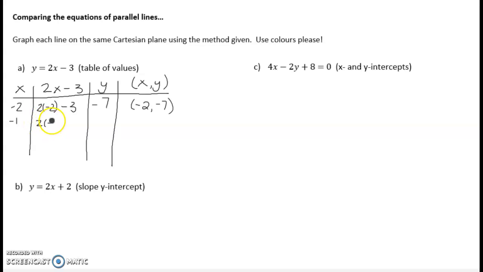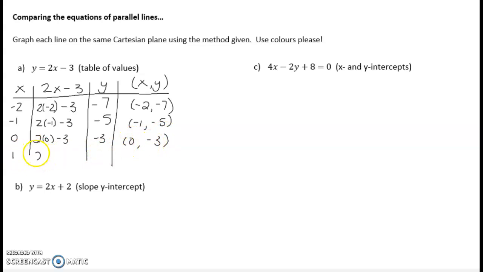So 2 times -1 minus 3. So 2 times -1 is -2. -2 minus 3 gives me -5. Okay, so when x is -1, y is -5. Next one, 0. So it's 2 times 0, which is 0, minus 3 gives me -3. So when x is 0, y is -3.